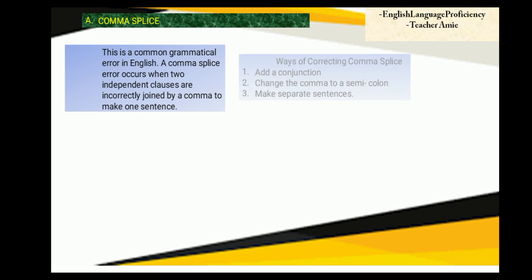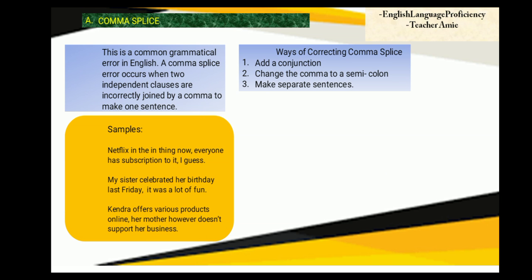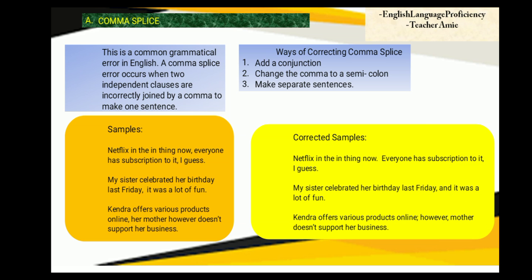It's almost similar with run-on sentence, only that in this situation, a comma splice occurs when two independent clauses are incorrectly joined by a comma to make one sentence. So, para lang ipa-separate yung dalawang sentence, ay naglalagay na lang siya ng comma. And that is wrong because not every series in a sentence ay kailangang lagyan ng comma.